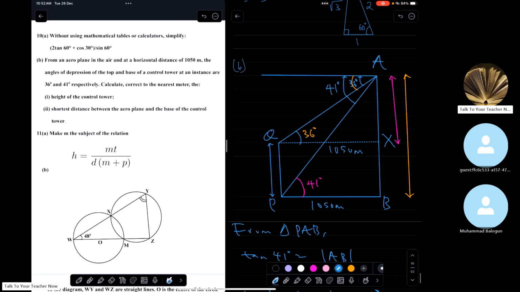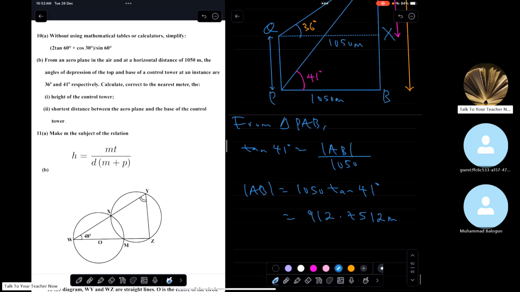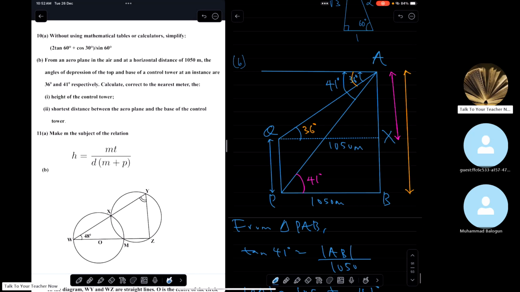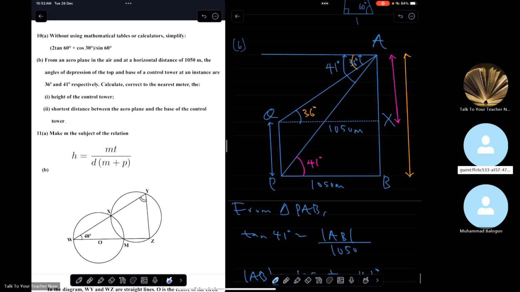So let's go. How do we now find AX? You can find that from triangle QAX. Opposite over adjacent.